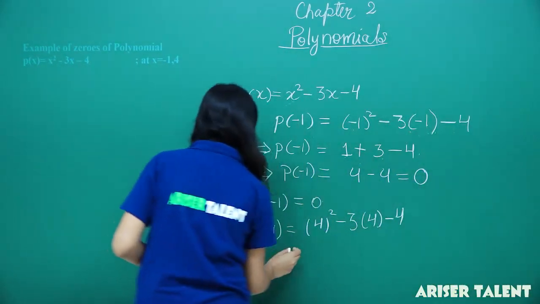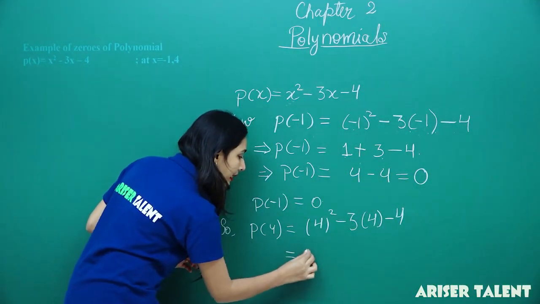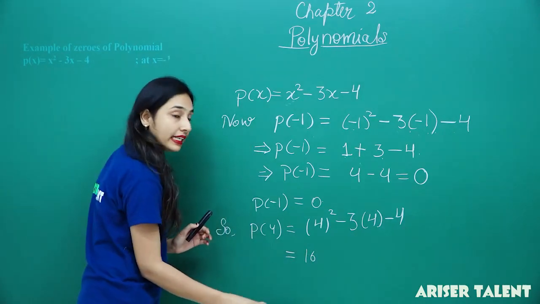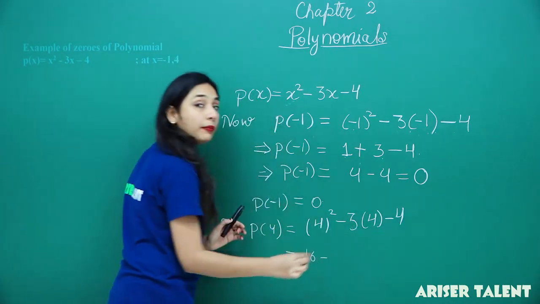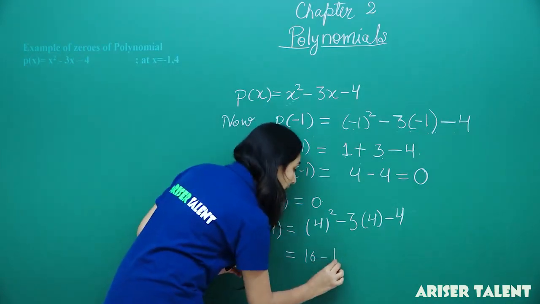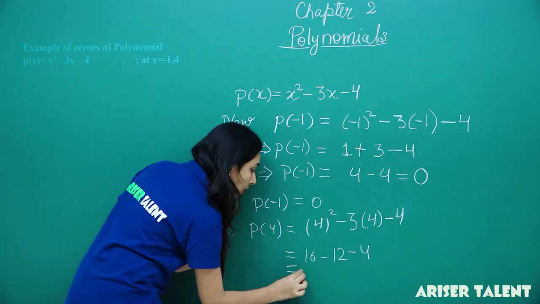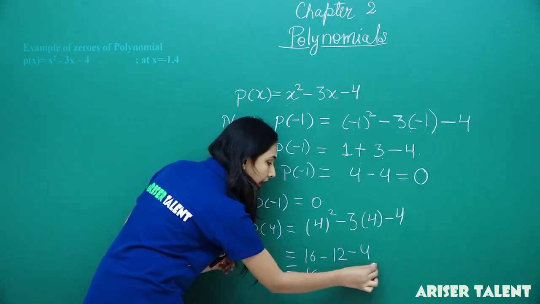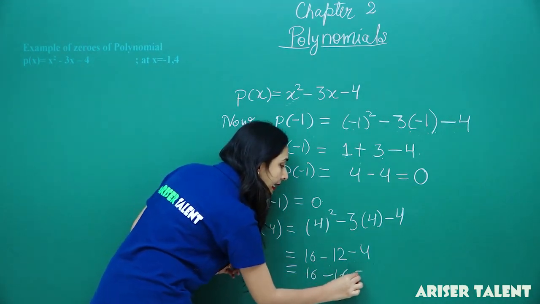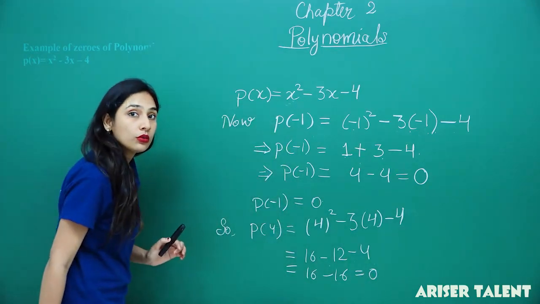Solve it. That will be 4 multiplied by 4, that is 16. That will be 3 multiplied by 4, 12. And that will be minus 4 as it is. Now, this is 16 and this is also minus 16. It is 0.